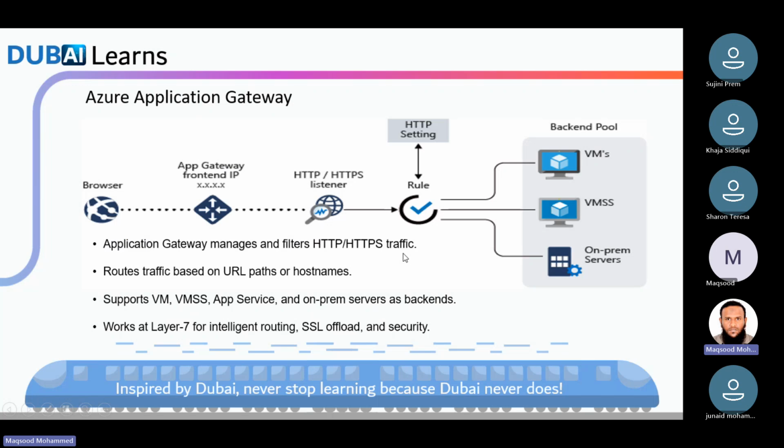So this is purely for HTTP and HTTPS traffic, right? The load balancer that we have seen mainly deals with layer 4 and layer 3, the TCP protocol and UDP protocol. But Azure Application Gateway has intelligence at the application level and does load balancing based on applications.